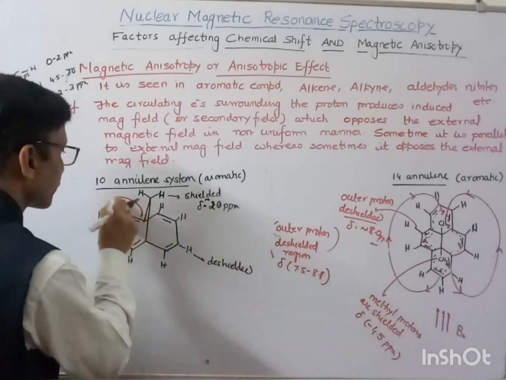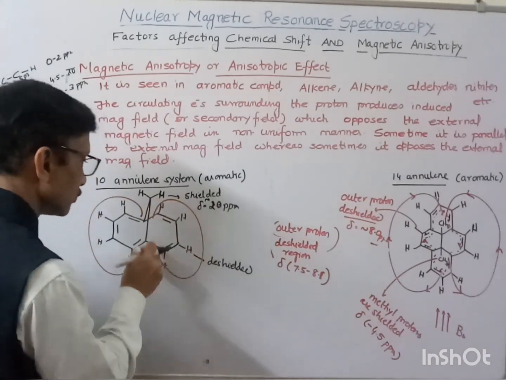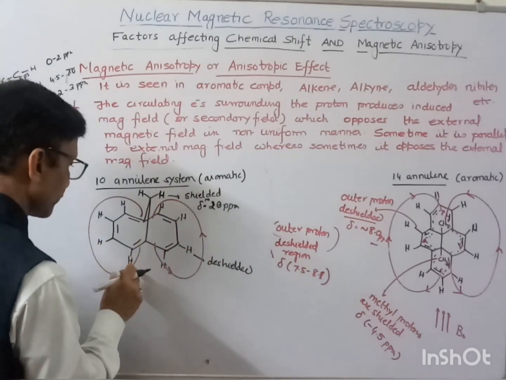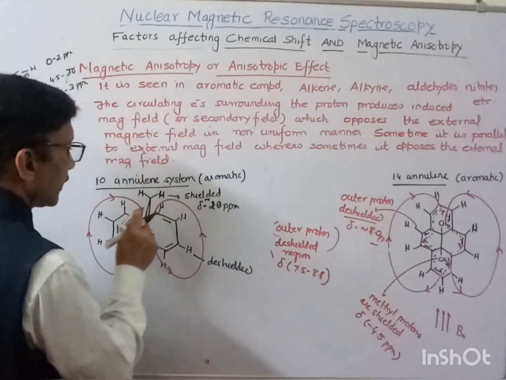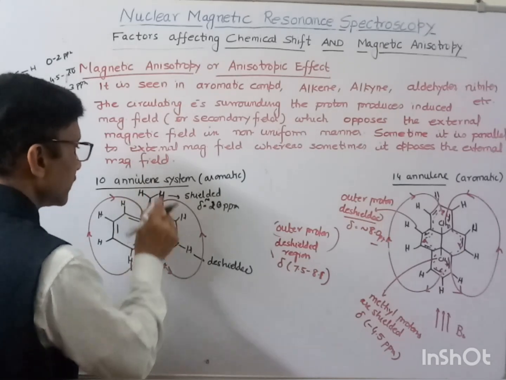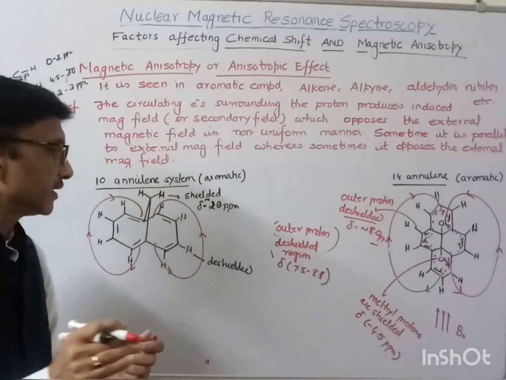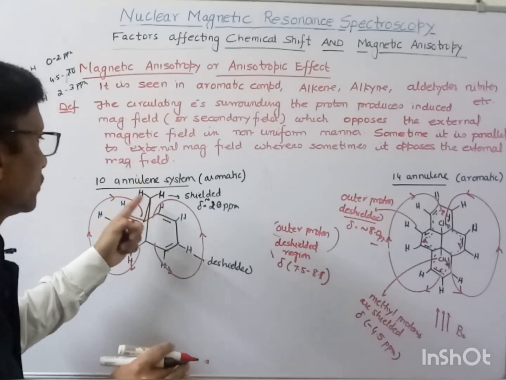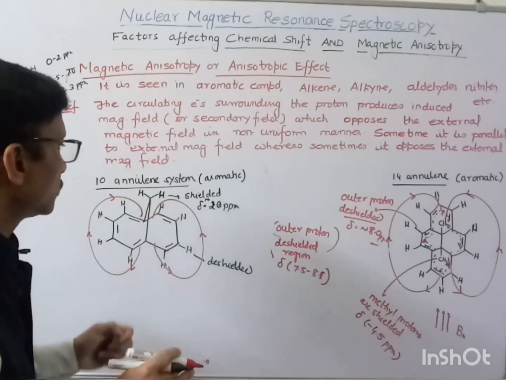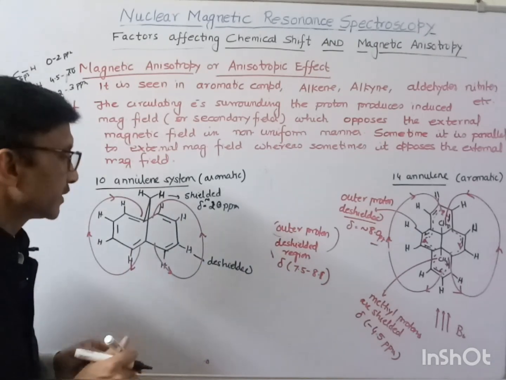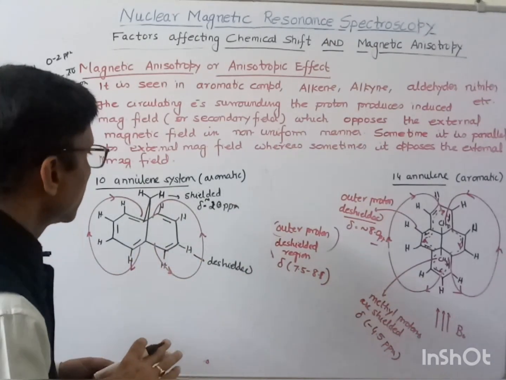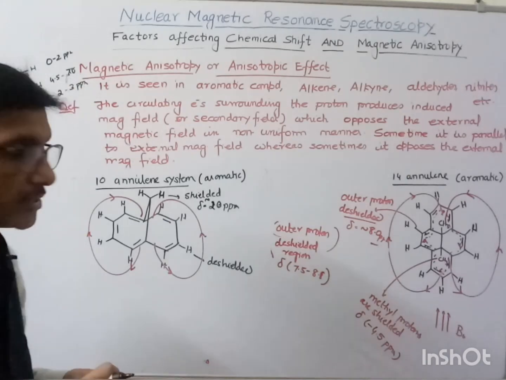If you see the ring current, it is in this way, and the inner proton is inside the shielded zone. That's why it resonates at this position. So this is the 10 annulene system.